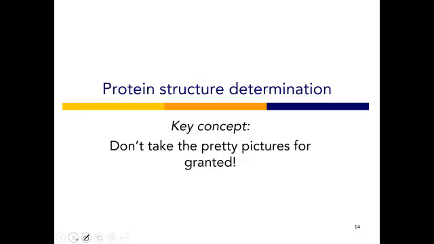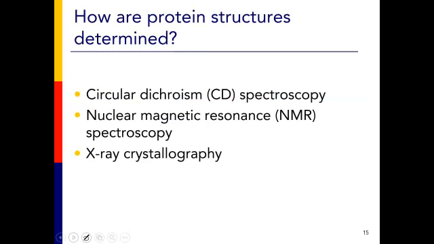Okay, so we are going to talk a little bit at a very superficial level about determining protein structure. Have any of you worked in a protein structure determination lab? Okay, last semester I had a couple. There are two main methods for actually determining structure: NMR and X-ray crystallography.